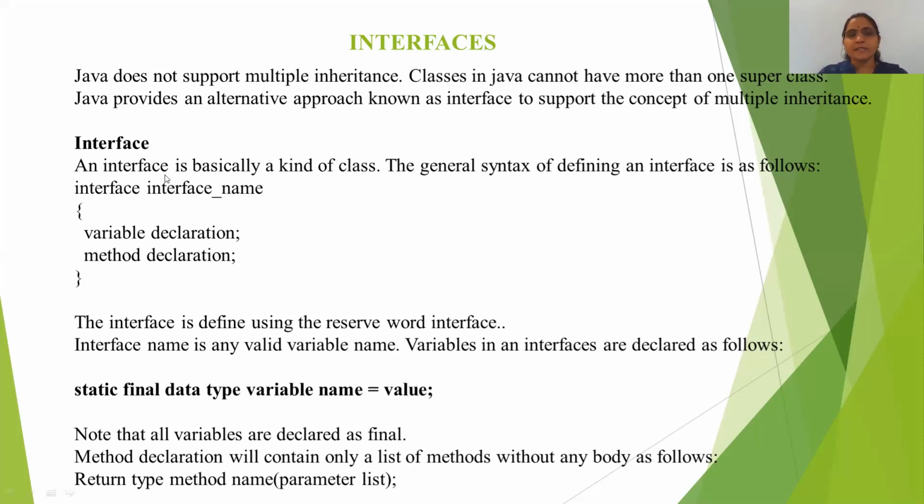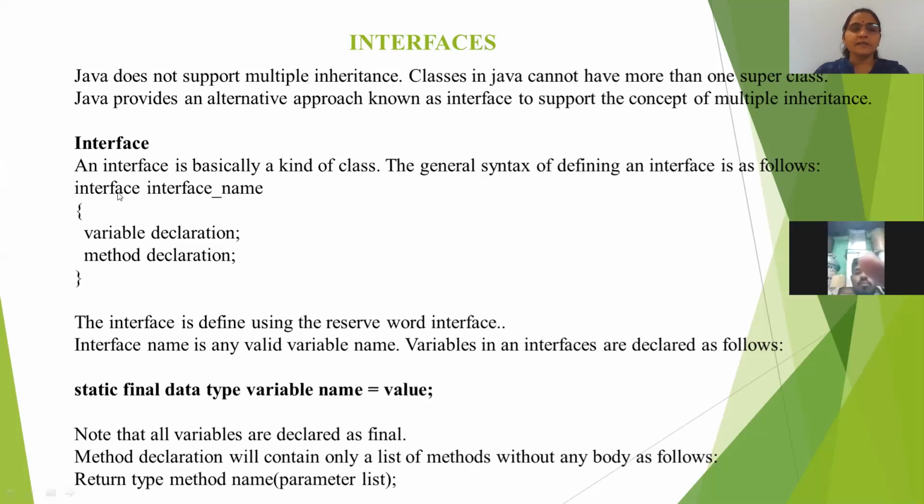The interface is basically a kind of class, it is very similar to the syntax of a class, and the general syntax to define the interface is as follows: interface, interface name, then opening brace and closing brace. Within these two braces, the variables and the methods are declared.